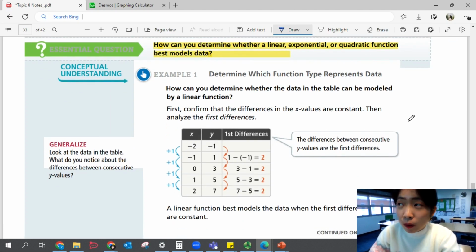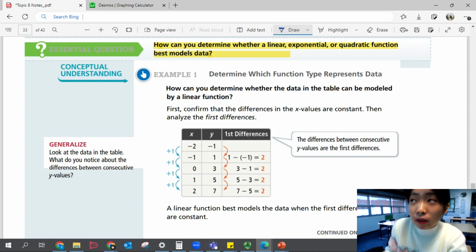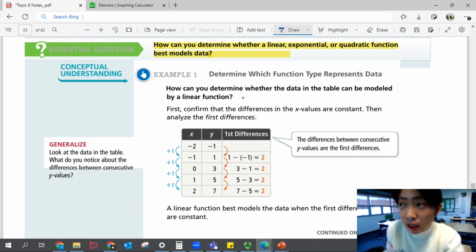Let's look at example 1. Determine which function type represents data. How can you determine whether the data in the table can be modeled by a linear function? So now we want to see if the data could be modeled by a straight line, a linear function. So first, we want to think about the characteristics of a linear function.